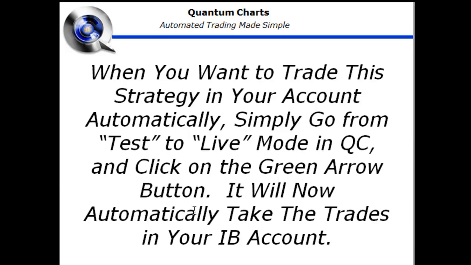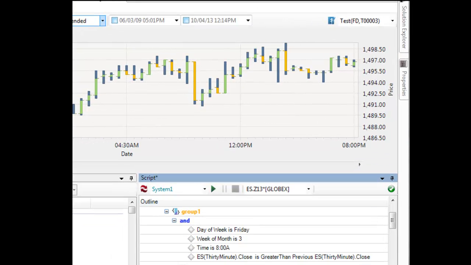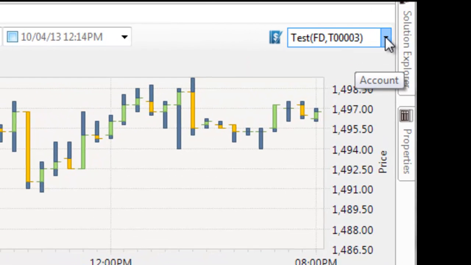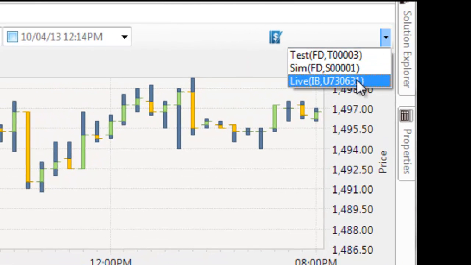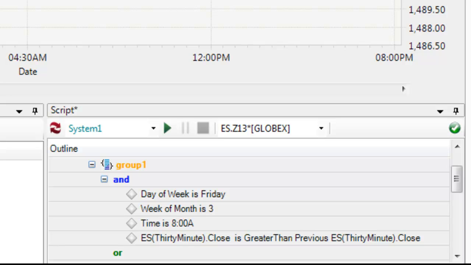So let me show you what that looks like. So here's Quantum Charts Live, and we do all of our back testing, our strategy creation, our analysis, we do all that in the test mode. So it's in test mode, and all we have to do to make this live mode is click on the live mode, and we are now in live mode. Now this grays out the strategy so that while in live mode you cannot make any changes to the strategy.